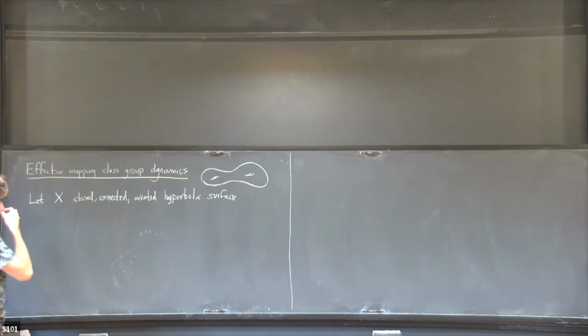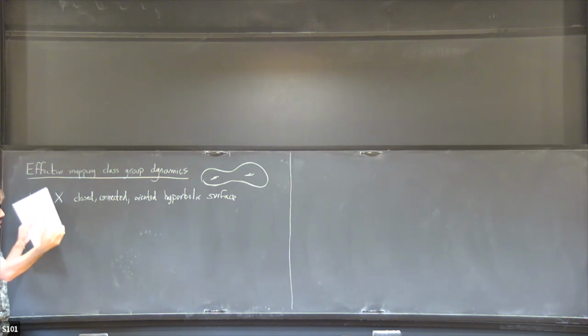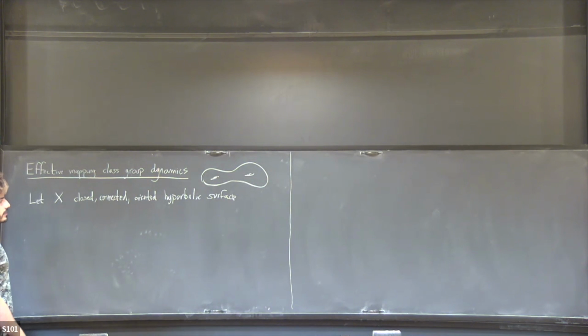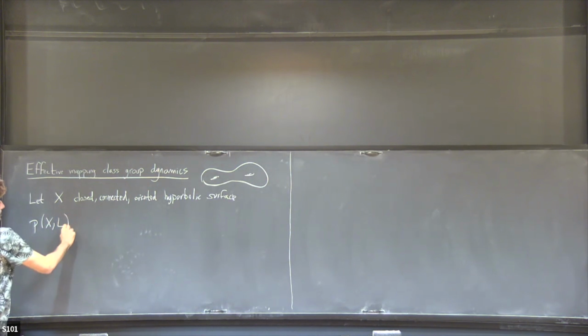In particular, let's begin by counting perhaps the most unrefined counting. I want to count all primitive closed geodesics on this hyperbolic surface.